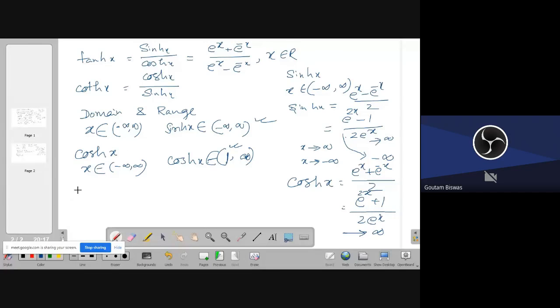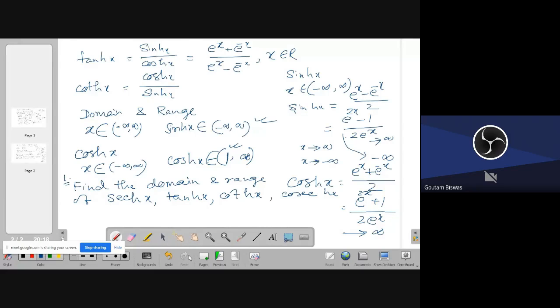So the assignment is: find the domain and range of sec hx, tan hx, cot hx, cosec hx. This is assignment 1. Okay, just do it. Next page.